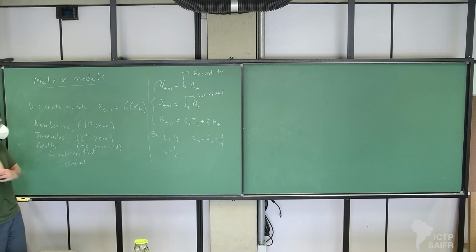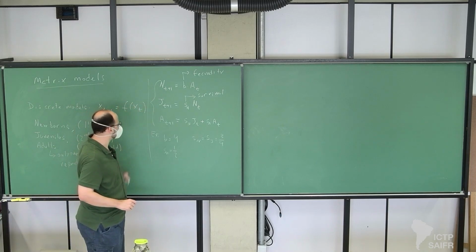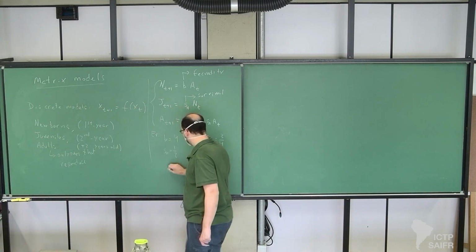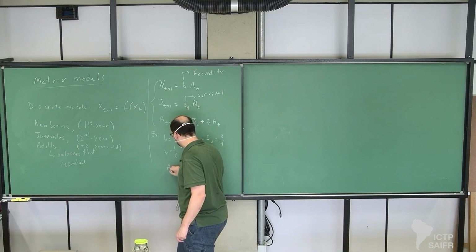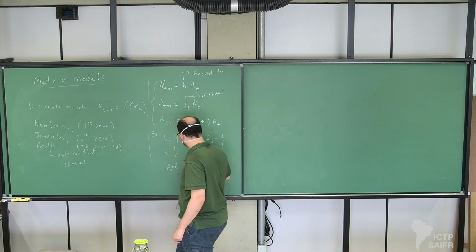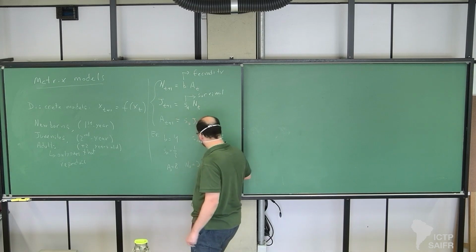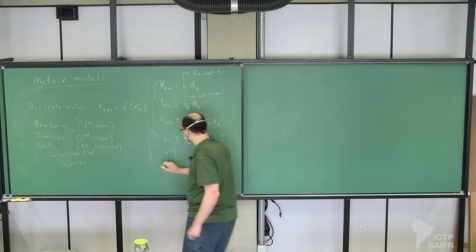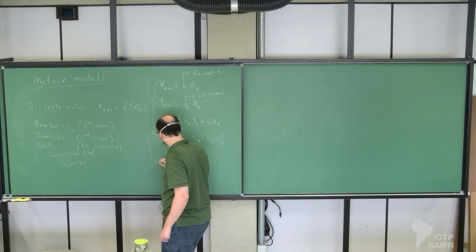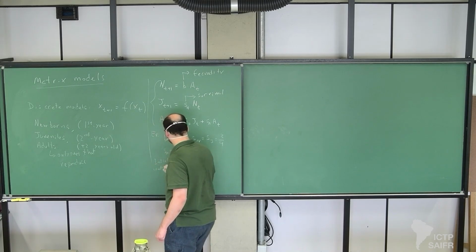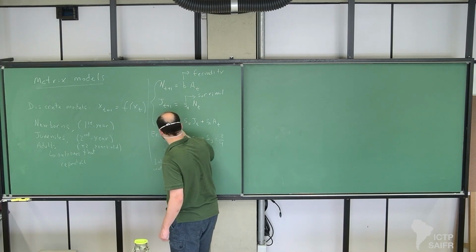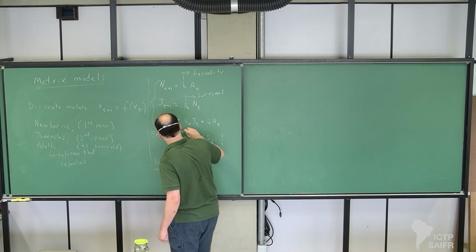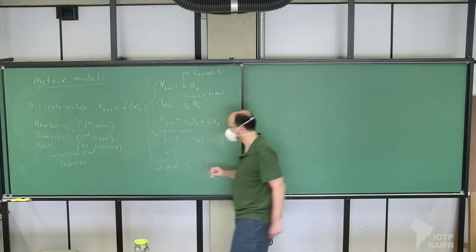I put only adults at the beginning: A at time 0 is 8, and N and J at time 0 are 0. So these are the initial conditions, and these are the parameters. This is just an example.